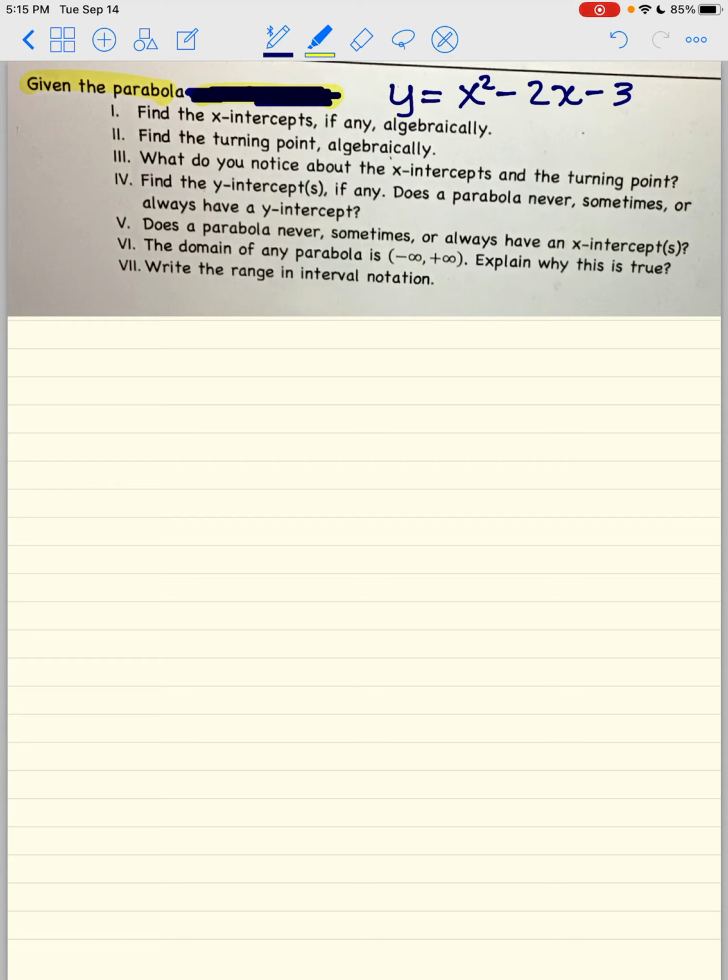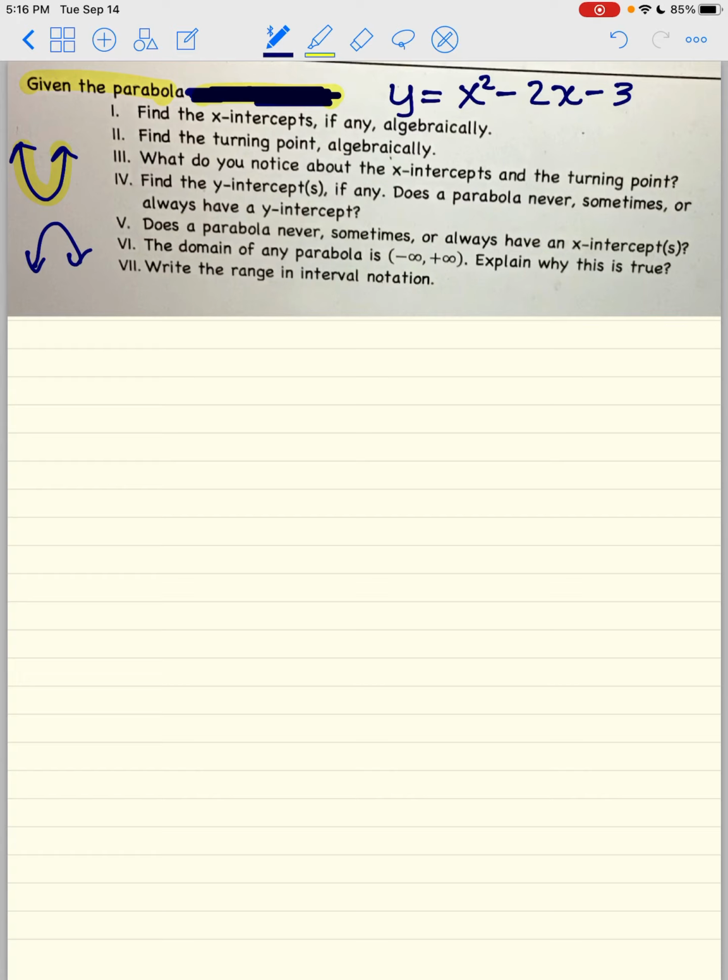Once again, this is a parabola, and we know from algebra, geometry, algebra 2 and trig that parabolas open up like this, concave up, or concave down. So how are we going to find the x-intercepts?